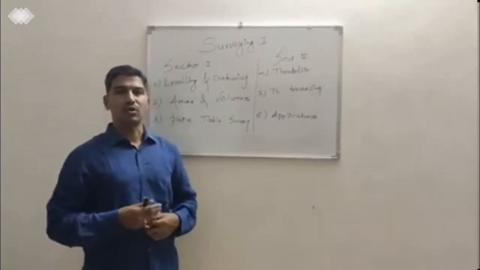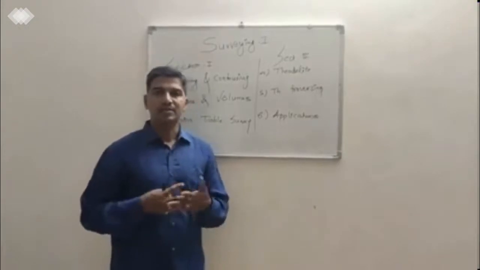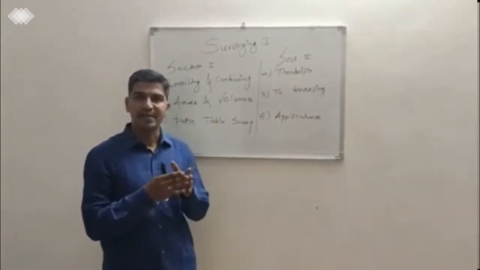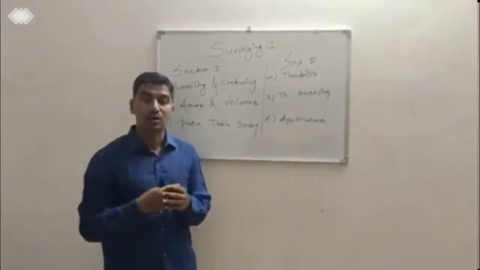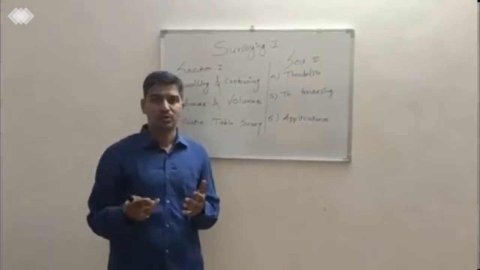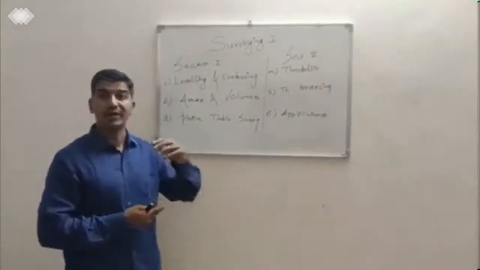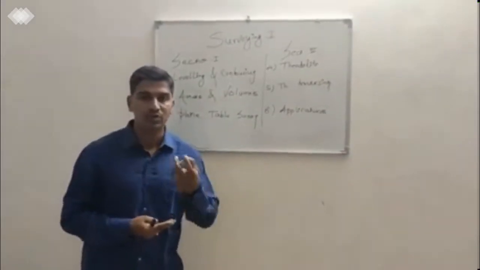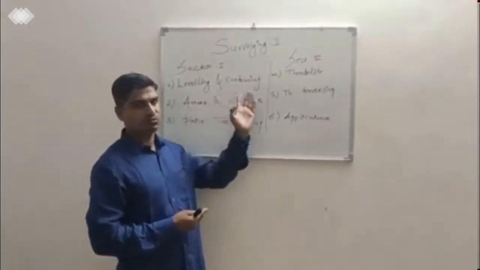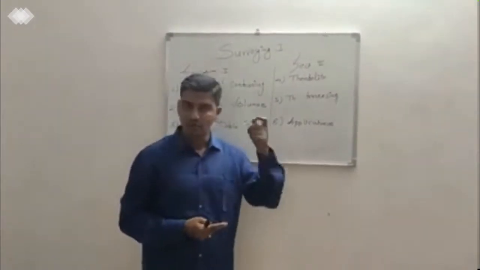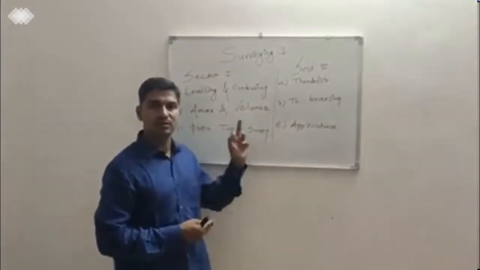For example, if on the ground we need to find the excavation, it may not be exactly rectangular or triangular; it may have a curve or some irregular shape. To find the area of such irregular shapes or the volume of that earthwork, we require special formulas that we are going to study in unit number 2.